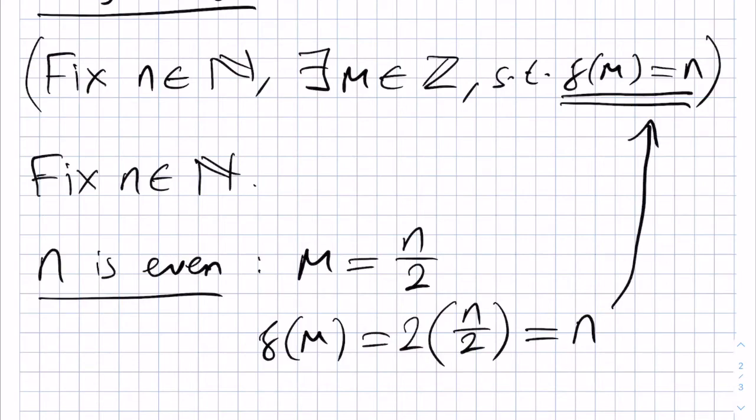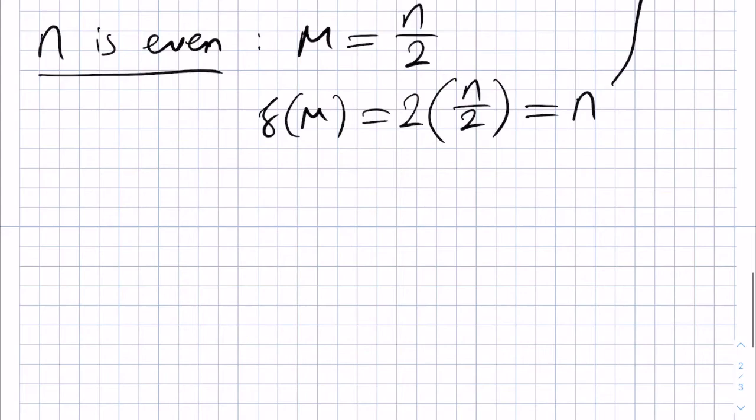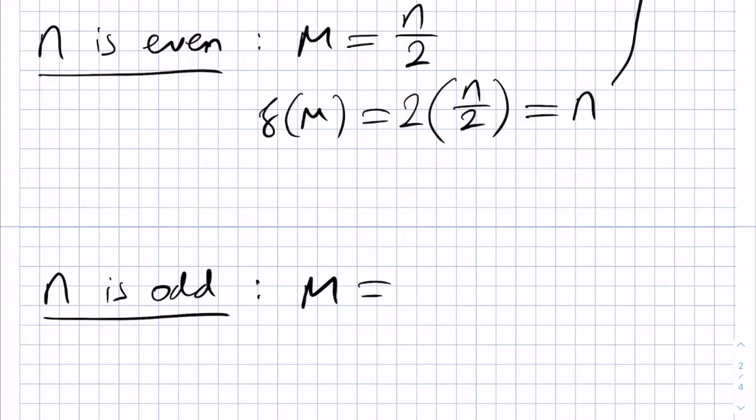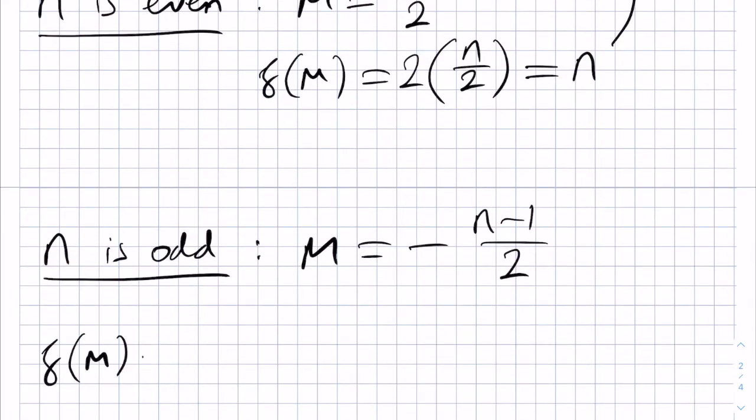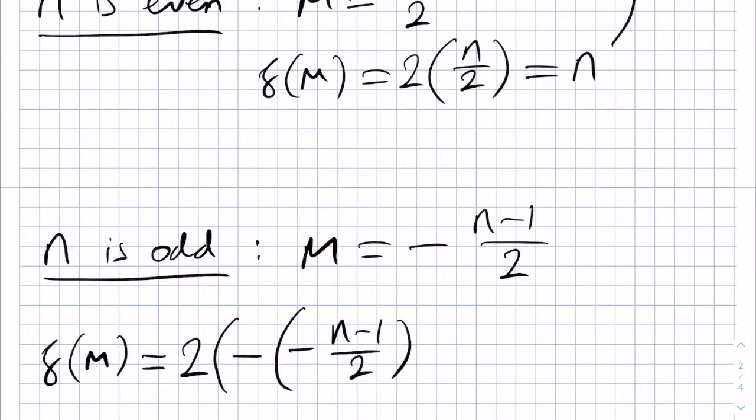So we checked the required condition for the case that n is even, but we need to do the same for the case that n is odd. If n is odd, then it turns out that we can choose m to be minus n minus 1 over 2, and we choose this because then f of m is equal to 2 lots of minus n minus 1 over 2, the value of m, and then plus 1, because m will be less than or equal to 0.